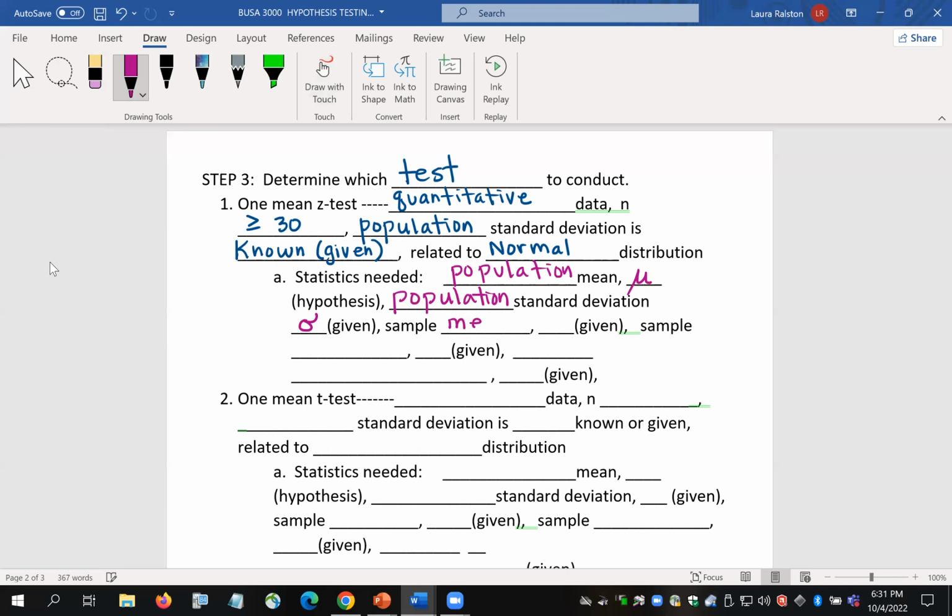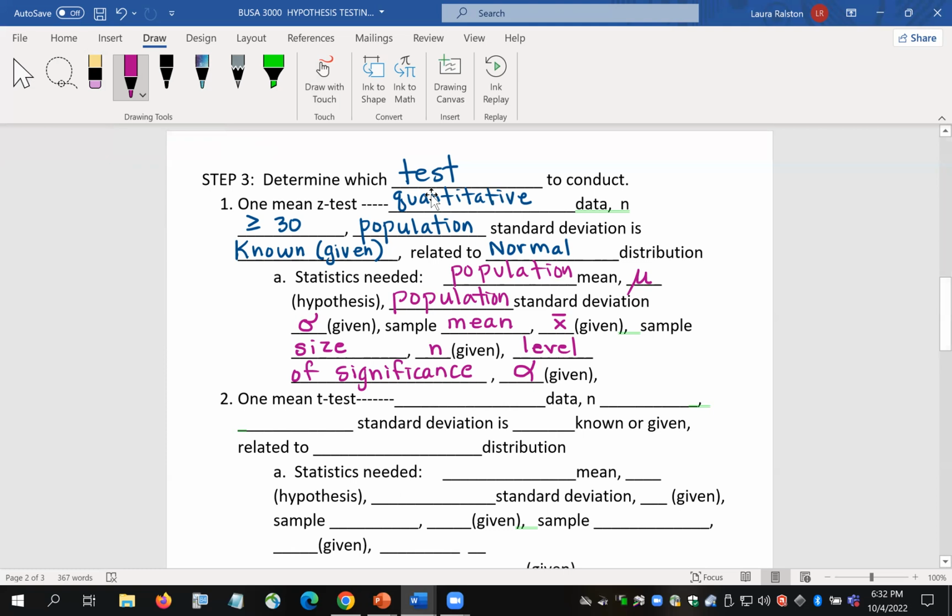We need the sample mean, x bar, and the sample size, n, both given in the scenario. And finally, we need what's called the level of significance, which is represented by the Greek letter alpha.